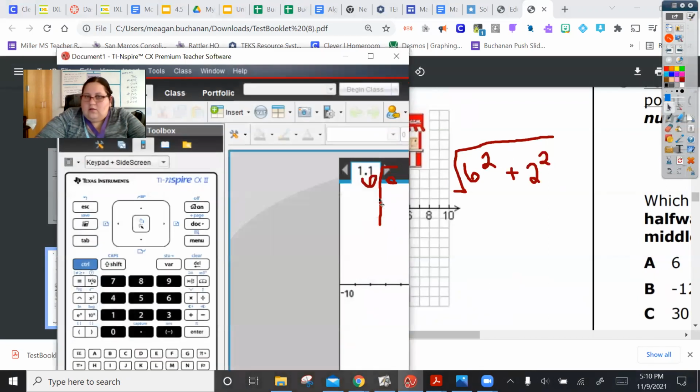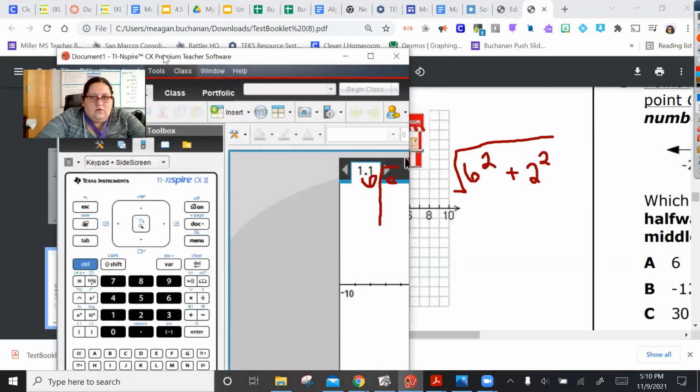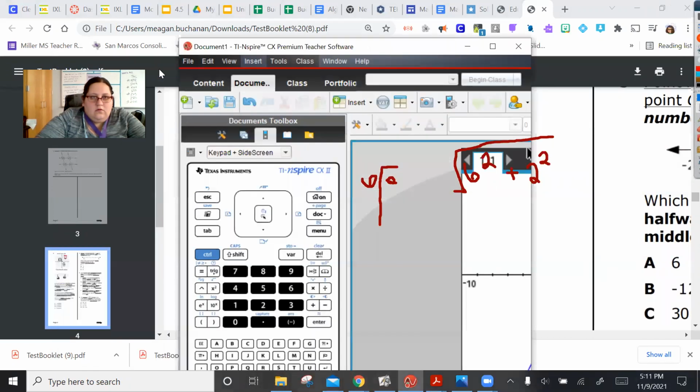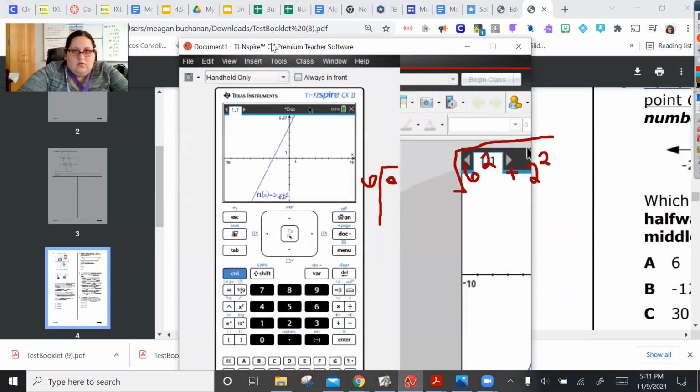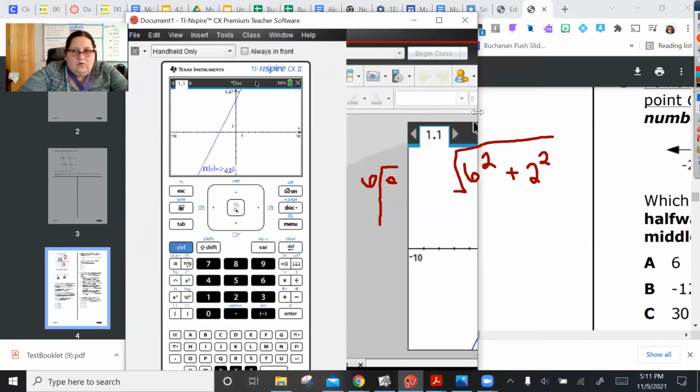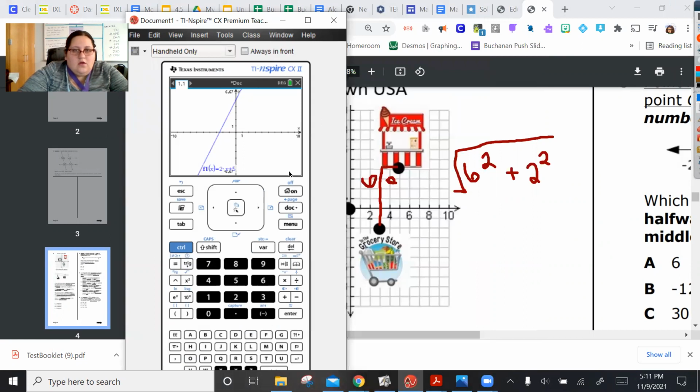So I'll pull out my calculator. When we do this, we're going to go to a calculator screen. Control squared for the square root. 6 squared plus 2 squared.